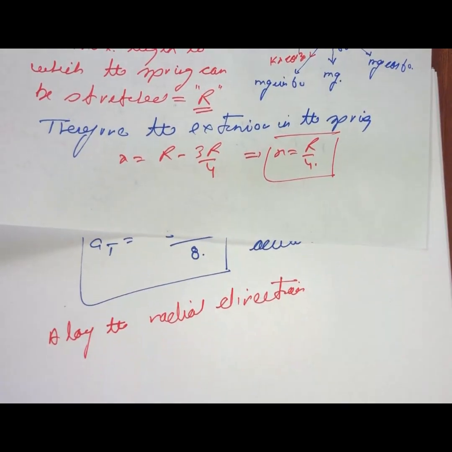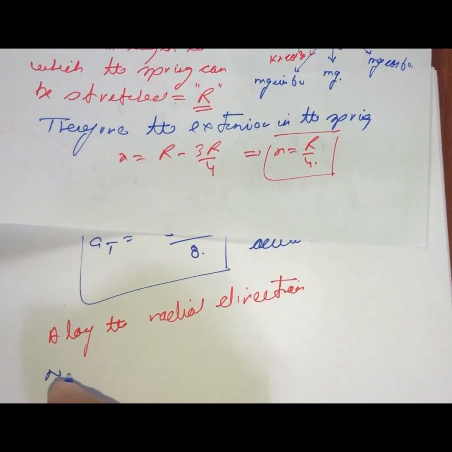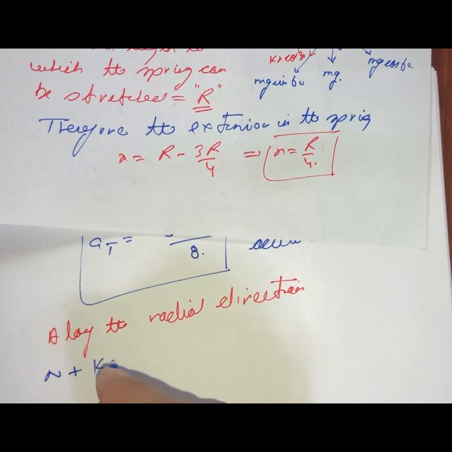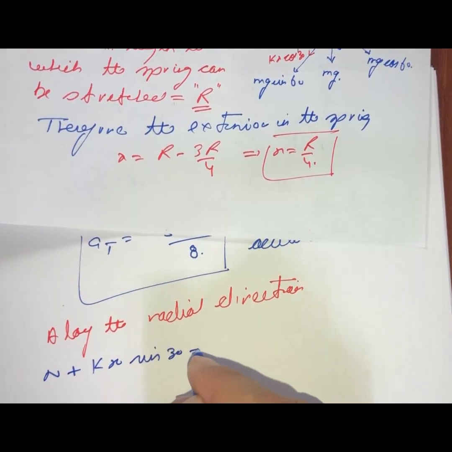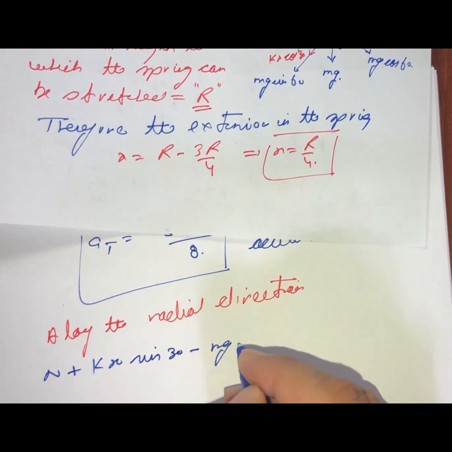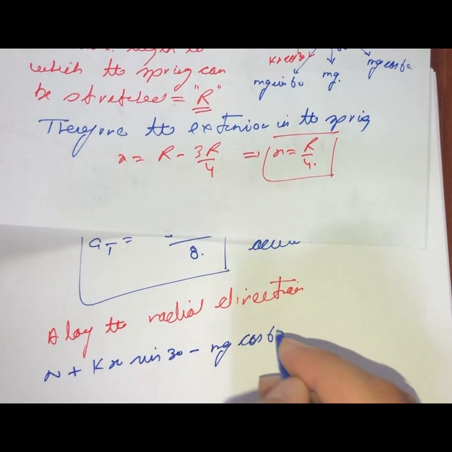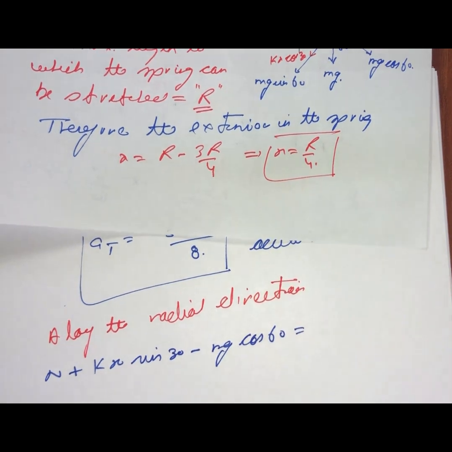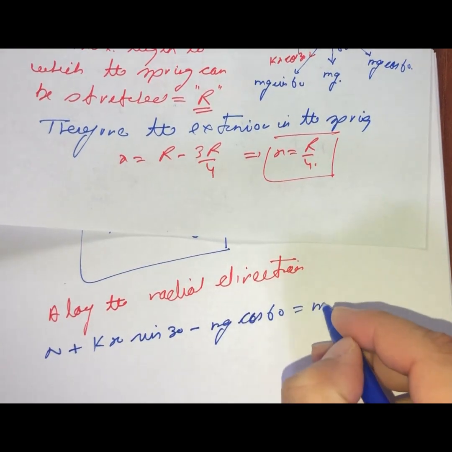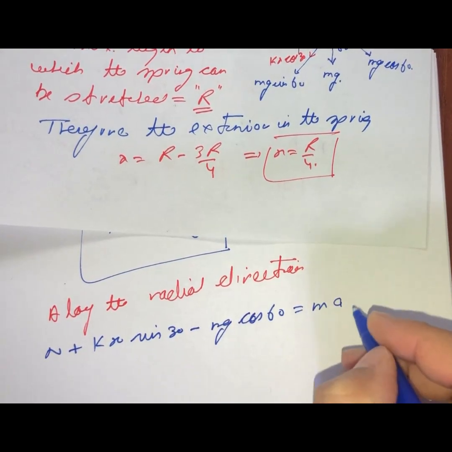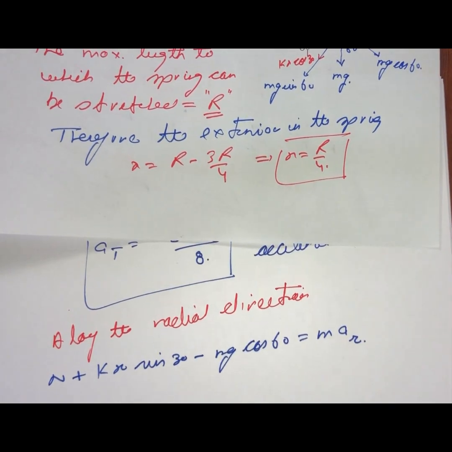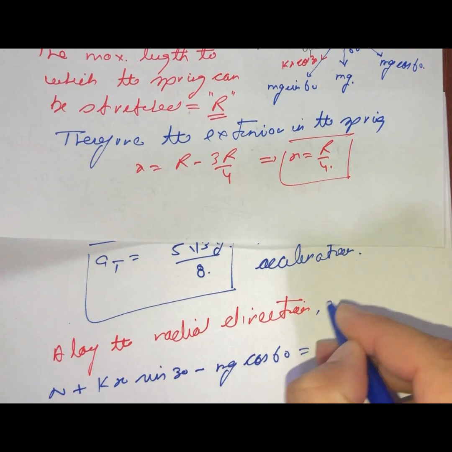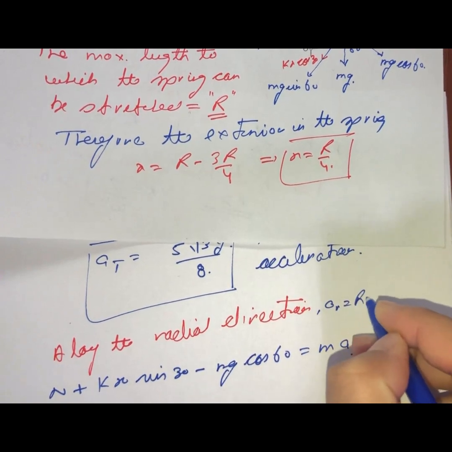So we can say N plus kx sine of 30 minus mg cos of 60 is equal to mass into acceleration along the radial direction, with a R as radial acceleration.